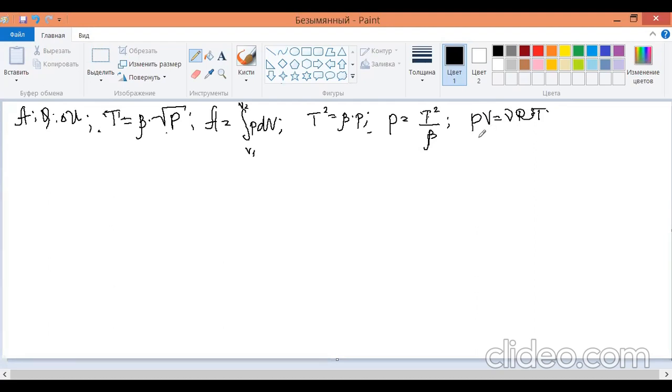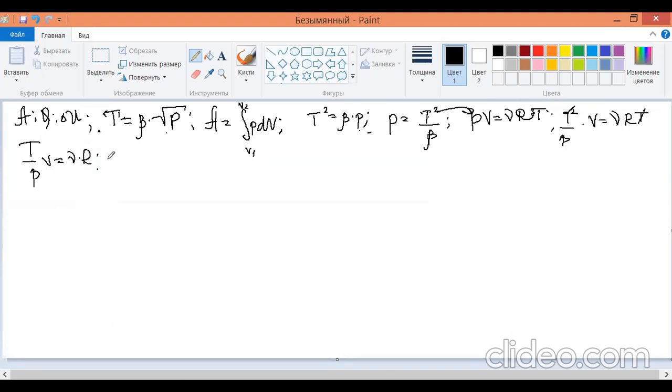So let's substitute P with this expression, and we will get that T squared over beta times V is equal to mu times R times T. As we can see, we can reduce this equation by T, and we will get finally that T over beta times V is equal to mu times R, right?